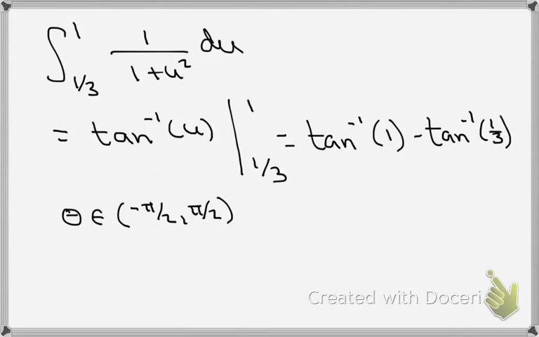that looks like something from my 30, 60, 90 triangle. So let me draw that just so I can recall here. So if this angle is theta, this side is root 3 over 2, this side is 1/2, and this side over here is 1.